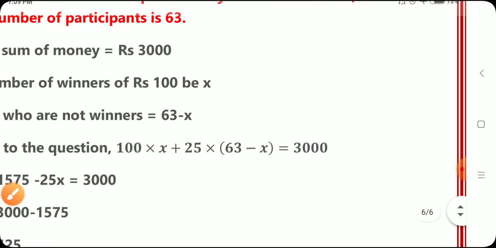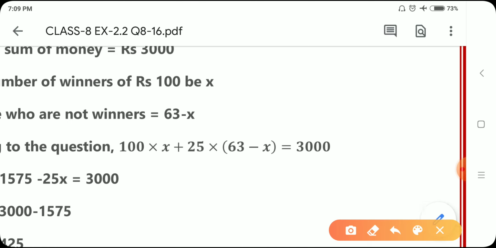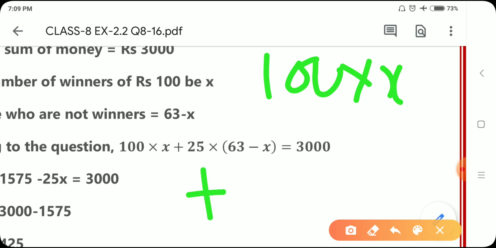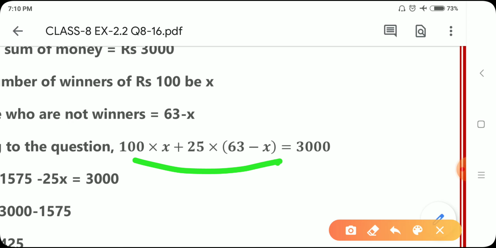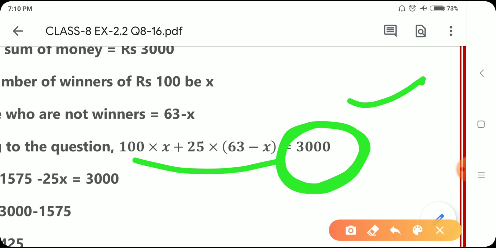The winners will get rupees 100, so 100 into x, plus the participants who are not winners get rupees 25, so 63 minus x is multiplied with 25. Adding these two, this is equal to 3000.